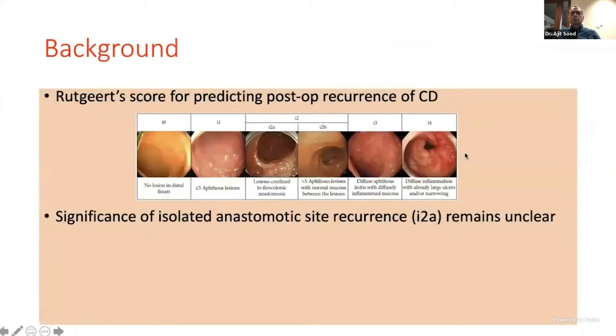So we all know that the Rutgeerts score is the most frequently used score for predicting post-op recurrence of Crohn's disease. It has been modified by dividing the i2 category into two types: i2a when the lesions are confined to the ileocolonic anastomosis, and i2b when there are more than 5 ulcers in the neoterminal ileum. However, the significance of isolated and anastomotic recurrence still remains unclear.